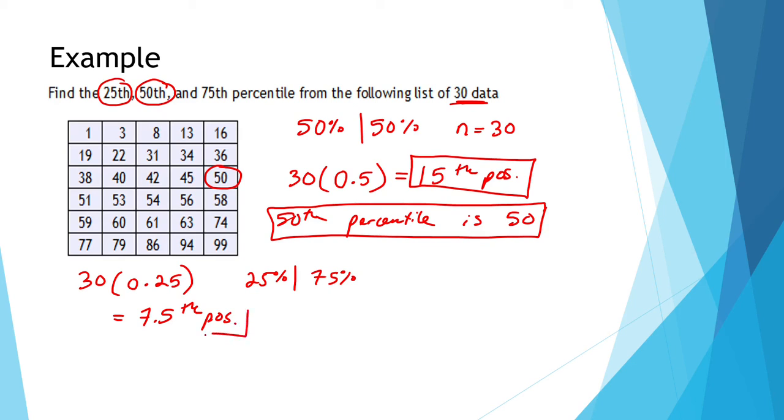But how can we have a 7.5th position? This means we're going to look at the 7th and 8th position to find our 25th percentile.